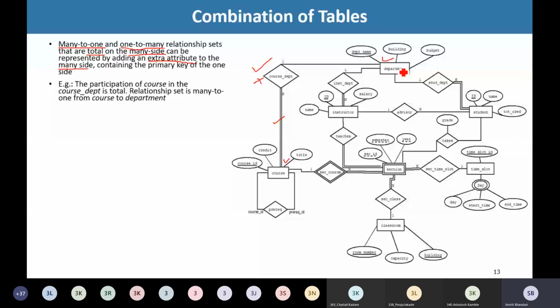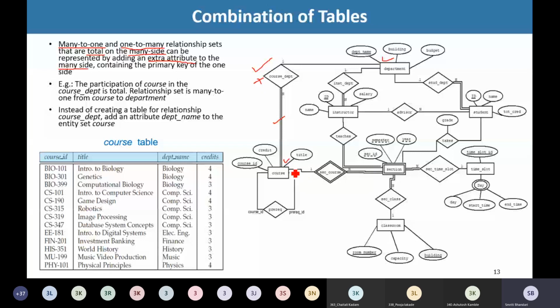So while building the table for course, I can add the primary key of department in this table course, and I will omit the table associated with course department. So ultimately, in my course table I'll have these three attributes, no doubt: course ID, title, and credits.